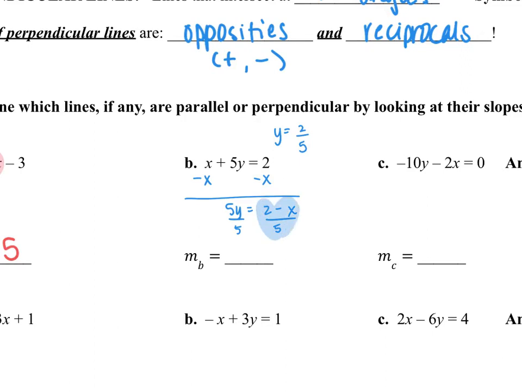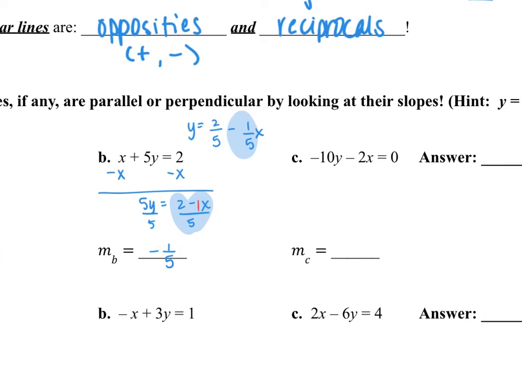And then minus, and on this part it's important to remember that there's really an invisible 1 here, so this is minus 1/5 x. So my slope of line B is going to be negative 1/5.